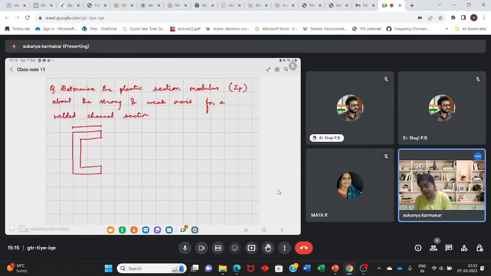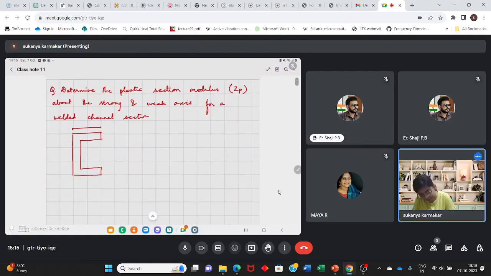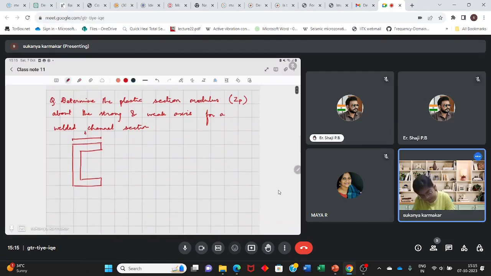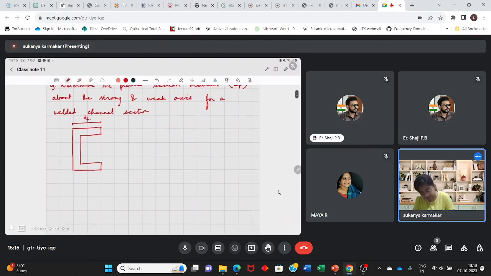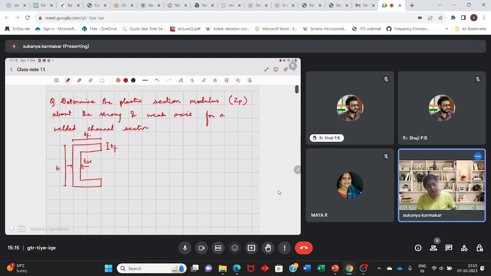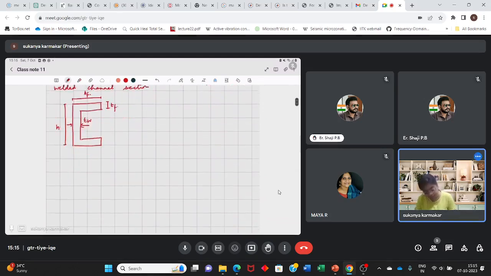So let this be, where this is H, W, this is TF. So first we'll find out the plastic section modulus about the strong axis.